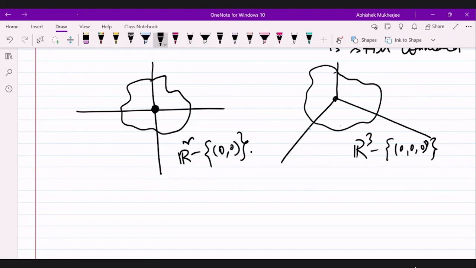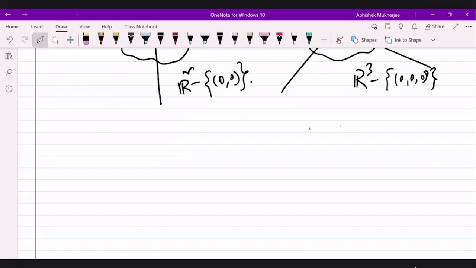Whereas in R3 minus a point, this path can be easily shrunk to a point continuously, right? So the notion coming out here is that the closed path cannot be deformed continuously in R2 minus 0, but the corresponding closed path can be deformed to a point continuously in R3 minus 0.